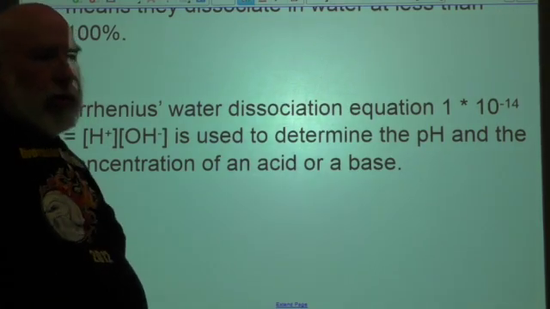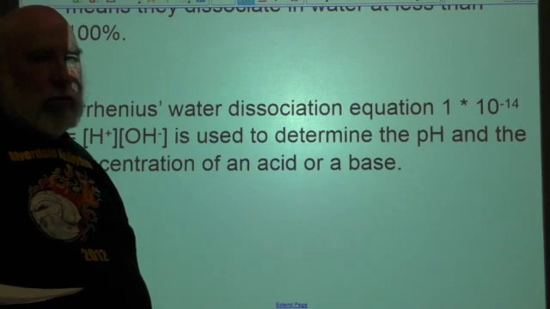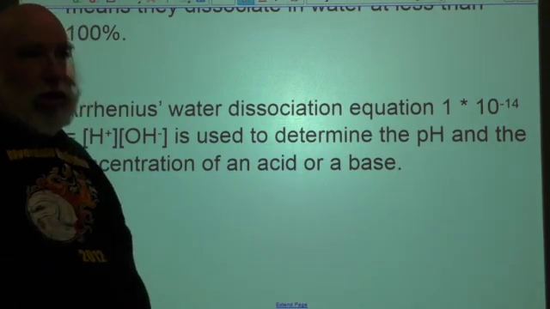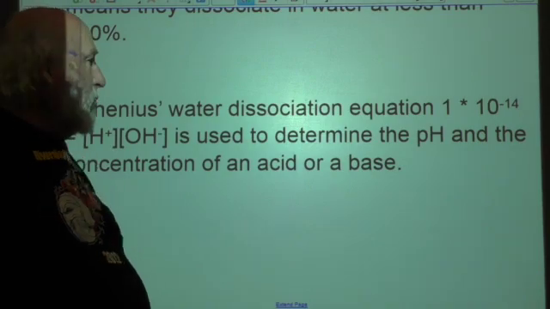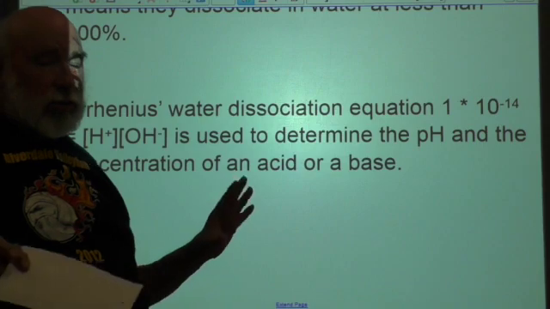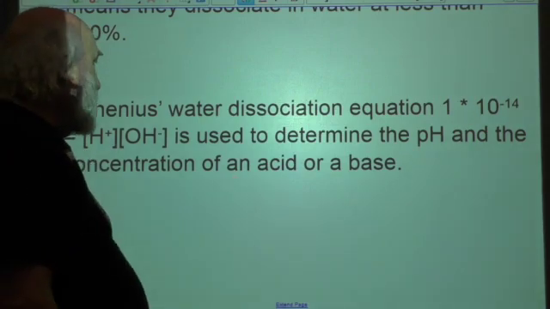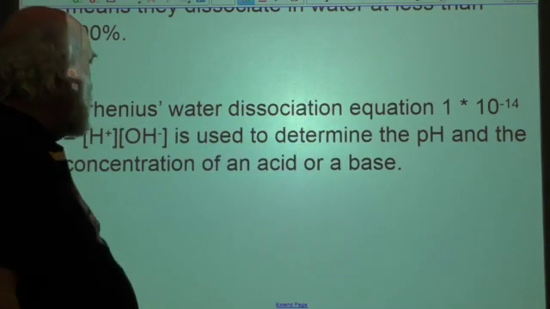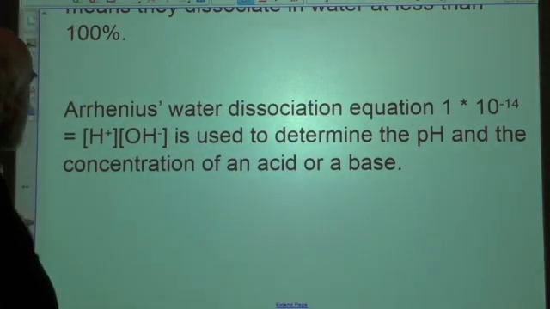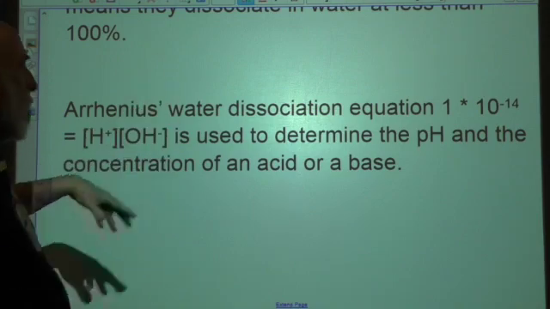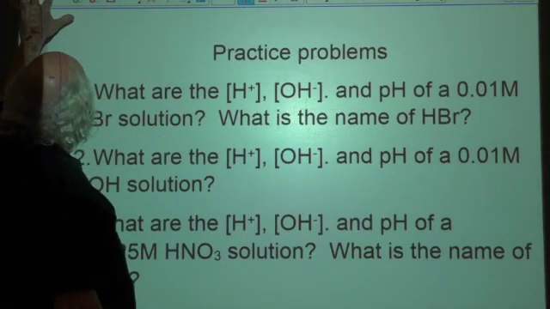And he found, and remember when we talked about equilibrium systems, when you have a double arrow reaction, you're going to get a K value. And since water is considered a weak acid or a weak base, and I'll show you in just a minute what that means, it's going to have a K value, and that K value he found to be 1 times 10 to the negative 14. And that equals the concentration of hydrogen times the concentration of hydroxide. Why? Let's find out.